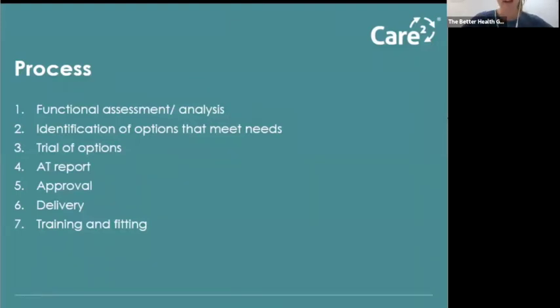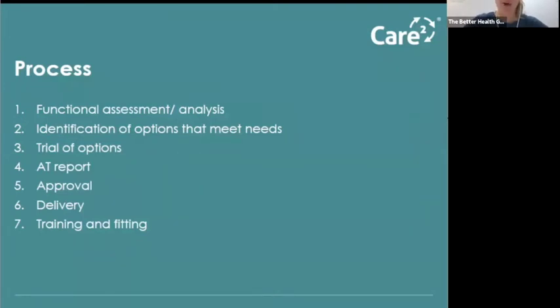The next step is that the OT will identify a number of options that potentially meet the person's needs. If we're talking about mobility, it might be a range of things from a walking stick to a customized power wheelchair, and then different brands and different options in there. Once the OT has narrowed that down to about 2 or 3 options, then we do a trial.